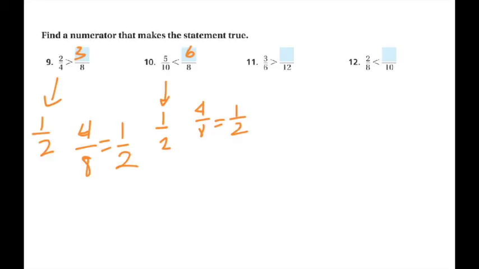Okay, in our next problem, we have 3/6 is greater than something. So 3/6 is in fact 1/2, because 6 divided by 2 equals 3. So now 1/2 is going to be greater than some number of twelfths. So I'm going to divide 12 by 2. 12 divided by 2 equals 6. So 6/12 equals 1/2.